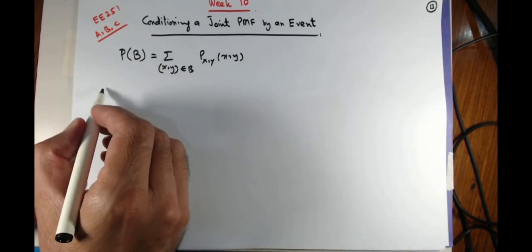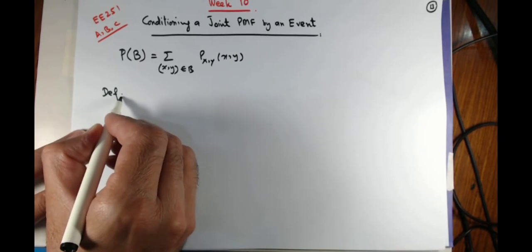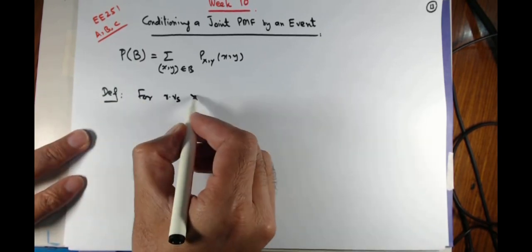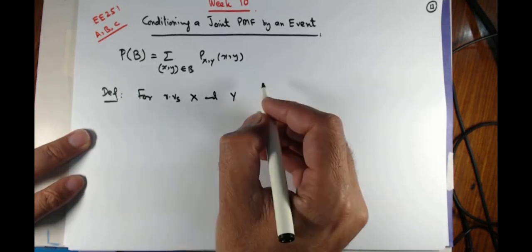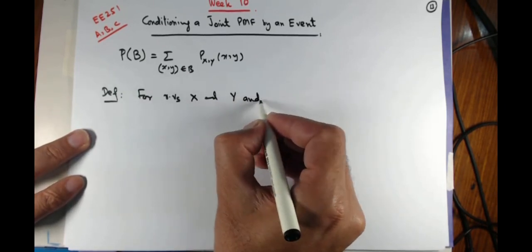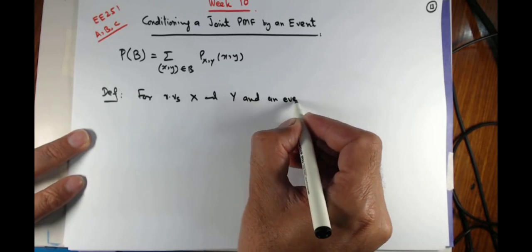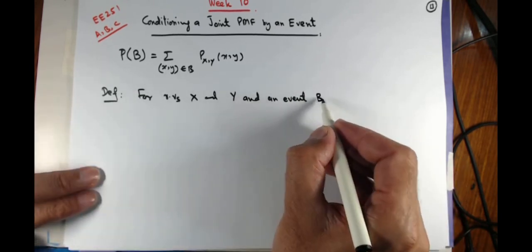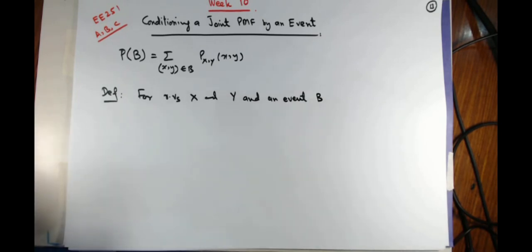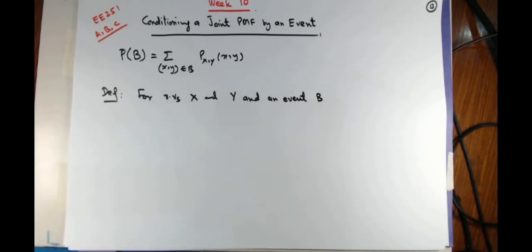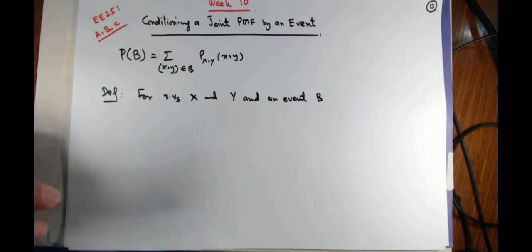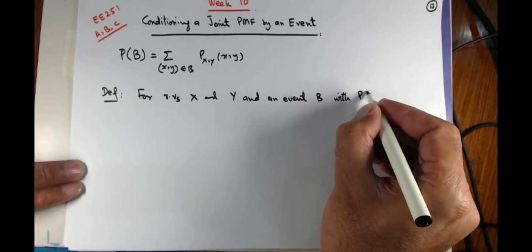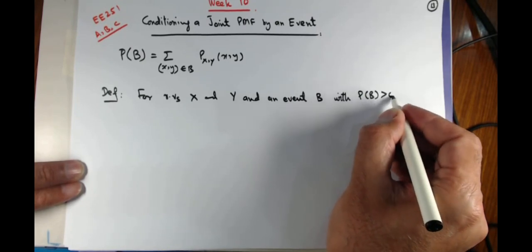So now we define that for random variables x and y and an event B with probability of B greater than 0.